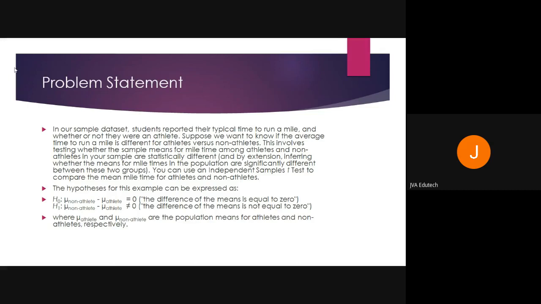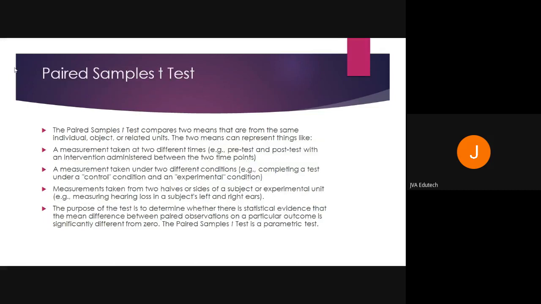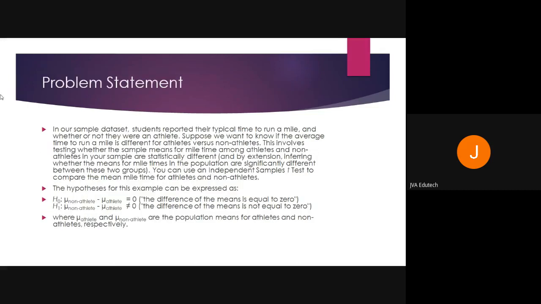The alternate hypothesis is mu non-athlete minus mu athlete is not equal to 0, meaning there exists some significant difference between the time taken by the athletes and non-athletes to run 1 mile. So mu athlete and mu non-athlete are the population means for athletes and non-athletes respectively. Now let's test this.